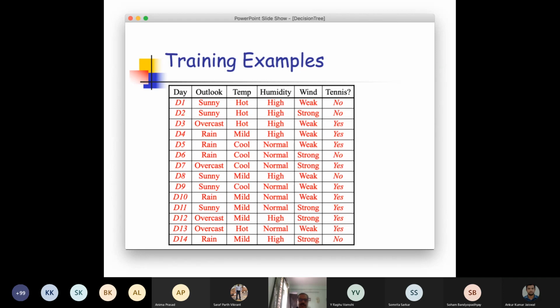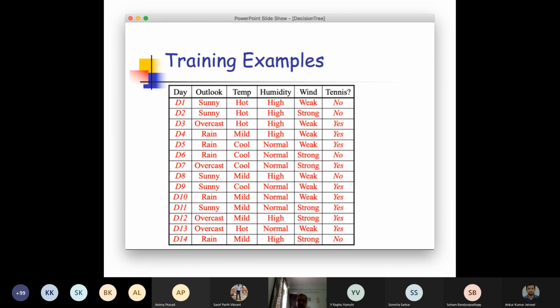So let us discuss with respect to these training examples, which are a bit similar to the previous one. But as you can see here, we have certain records, certain observations, 14 days of records. There are 4 attributes. Earlier, we had taken 6 attributes in our example.